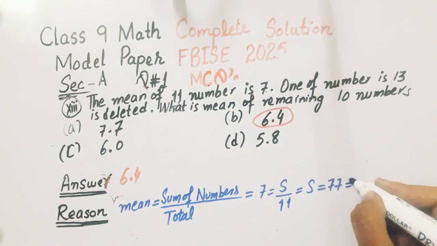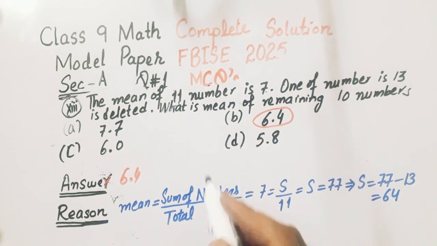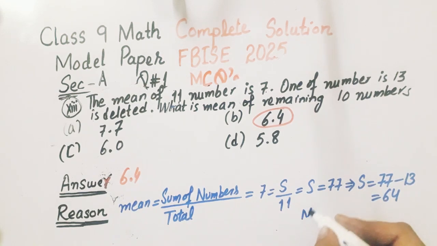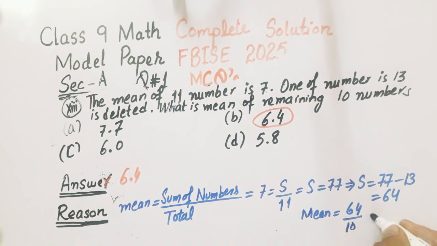So the new sum will be equal to 77 minus 13, which is equal to 64. Now we have to find the mean of the remaining numbers. The new mean will be equal to sum 64 and the total numbers are now 10. So 64 by 10 is equal to 6.4. So this will be the right option.